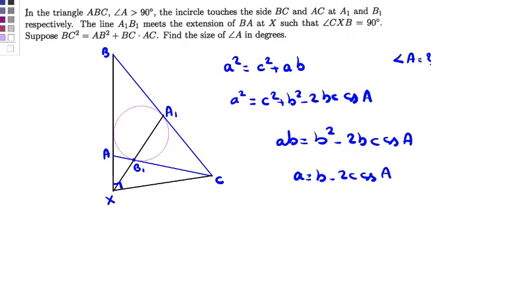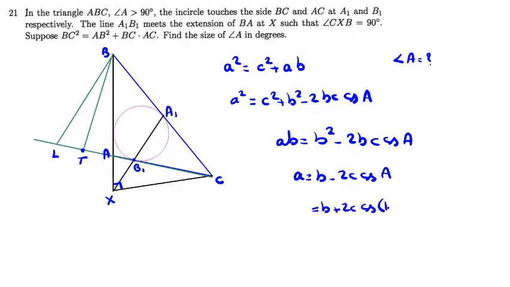So if we extend CA and draw a perpendicular to this line, suppose the foot is T and the extended point is L. Then it is b plus 2c cos(180 minus A), and this length c cos(180 minus A) equals AT.